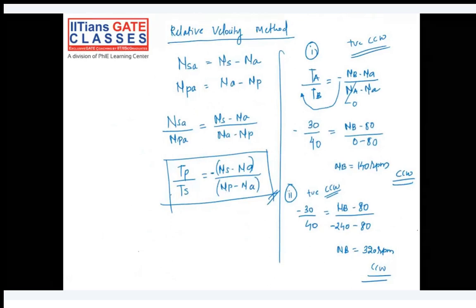Okay, but it's a relative velocity. We are not just using the NA and NB here, but in combination to that, we are subtracting the arm speed from it. I hope it's clear to you.